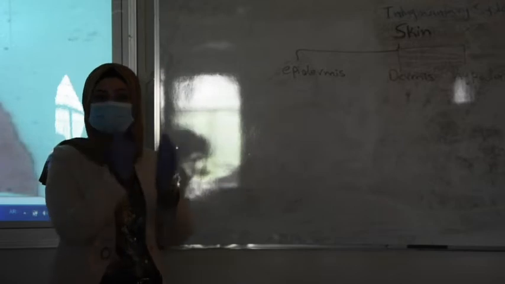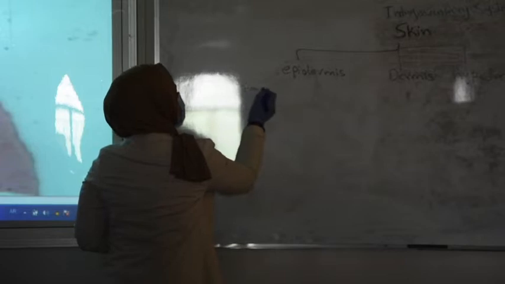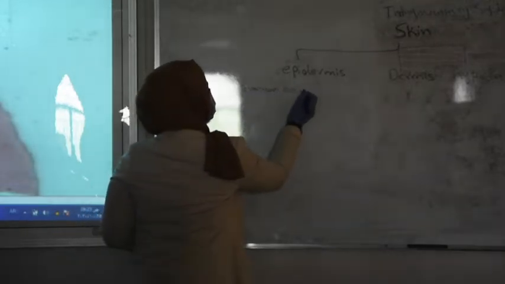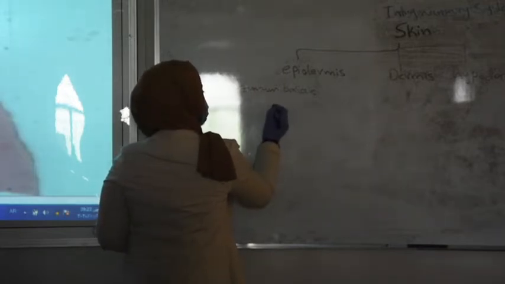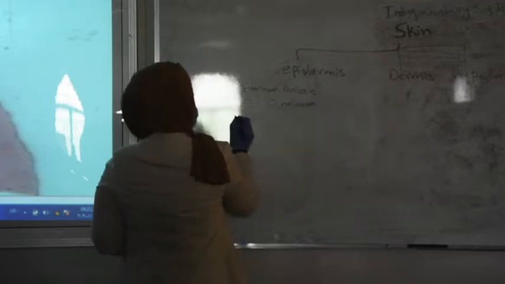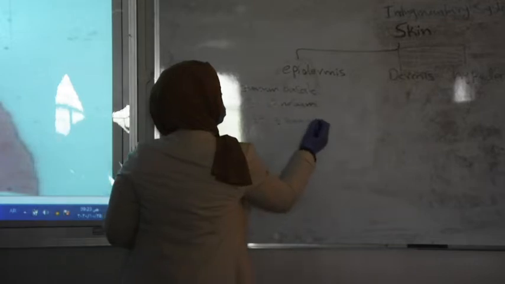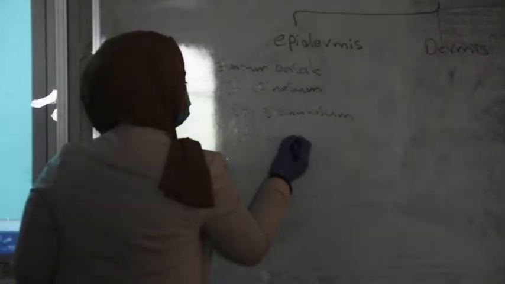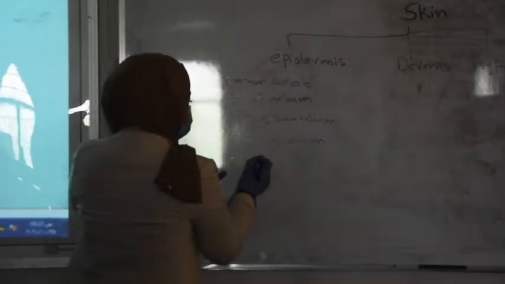From the bottom to the top, these five zones are stratum basale, stratum spinosum, stratum granulosum, stratum lucidum, and number 5, at the superficial, stratum corneum.